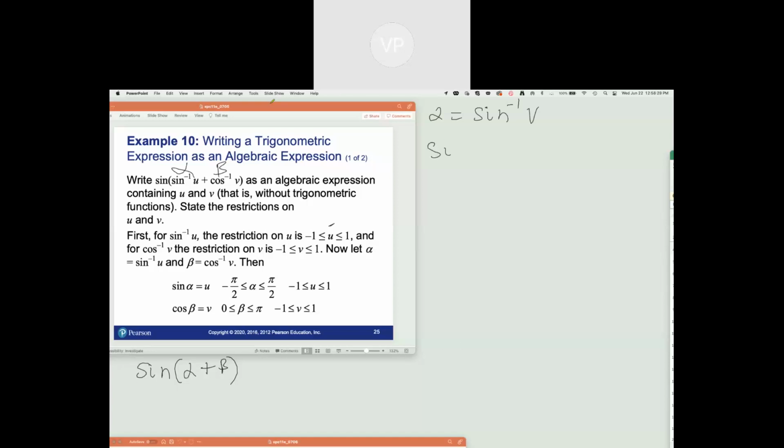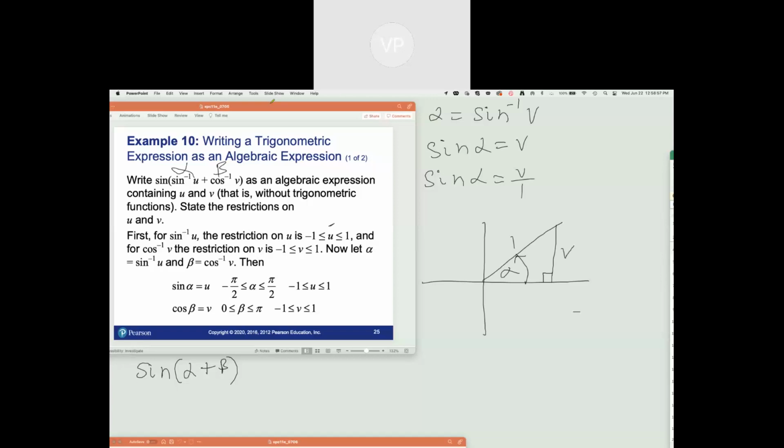This means the sine of alpha equals u. If that was a number, you would have done the same thing. So when I try to build my triangle, I'll go a step further and say it's basically the same as u over 1. So when I make this alpha triangle, there's the u, there's the 1 right there.